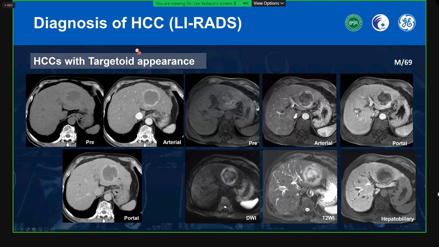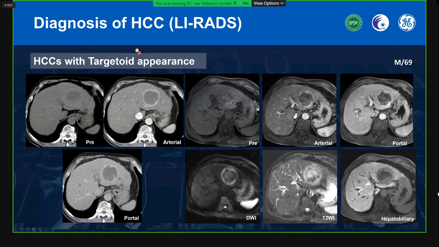On pre-contrast image, the internal component shows high attenuation in the dependent portion, so we thought that the mass has internal hemorrhage. Based on CT, we considered this lesion as a cystic or necrotic mass with peripheral solid portion and internal hemorrhage. According to LI-RADS, this can be categorized as LR-M.